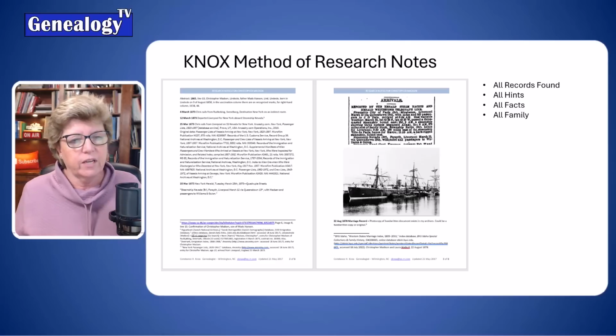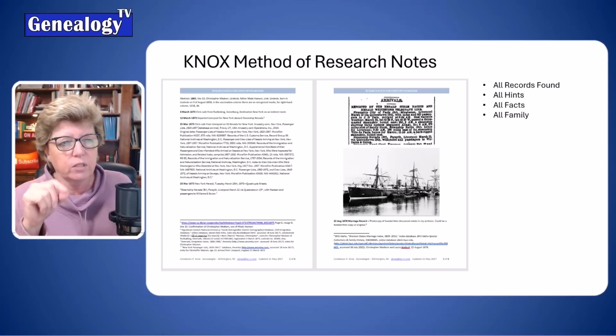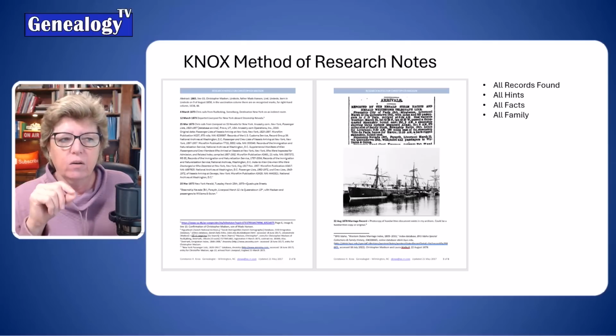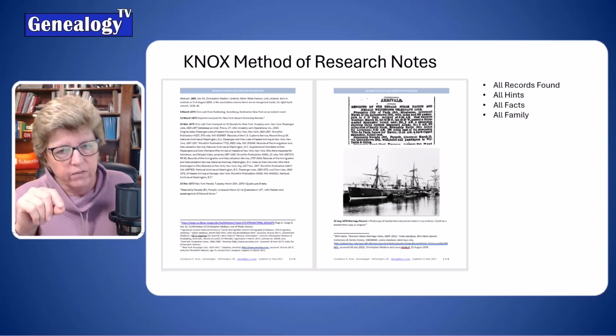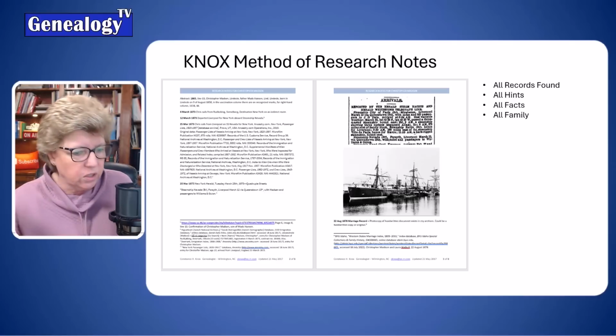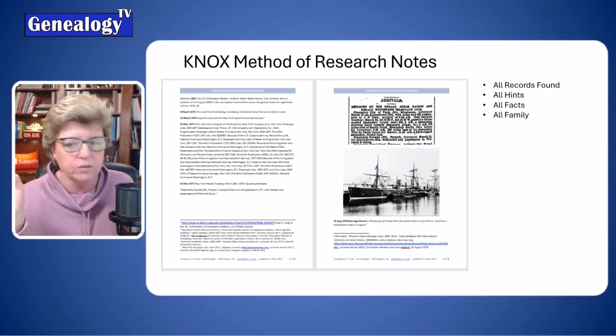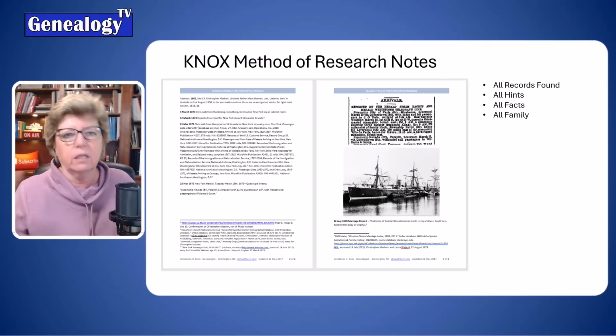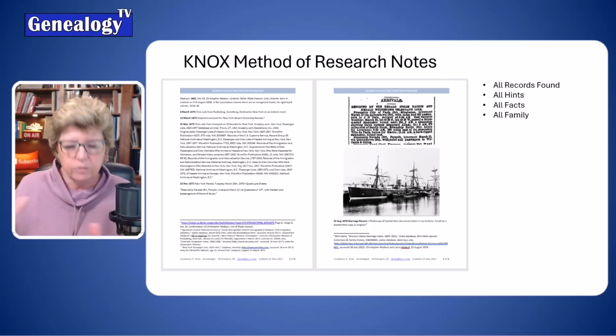Now, as far as family goes, I get this question a lot. So as far as the family goes, I often will put a reference in, not the full birth certificate information about the daughter that was just born. Let's say I'm working in the 1880s or something, and there's a child born.